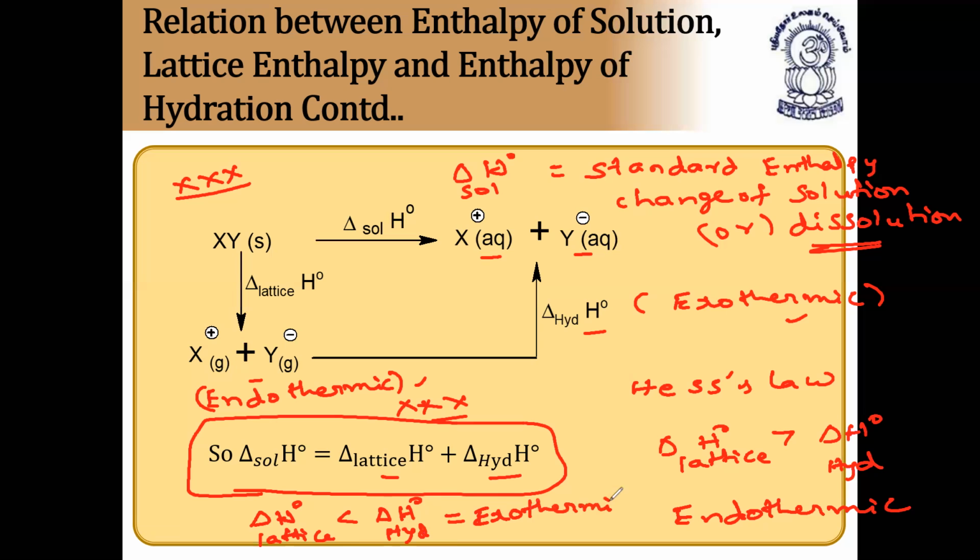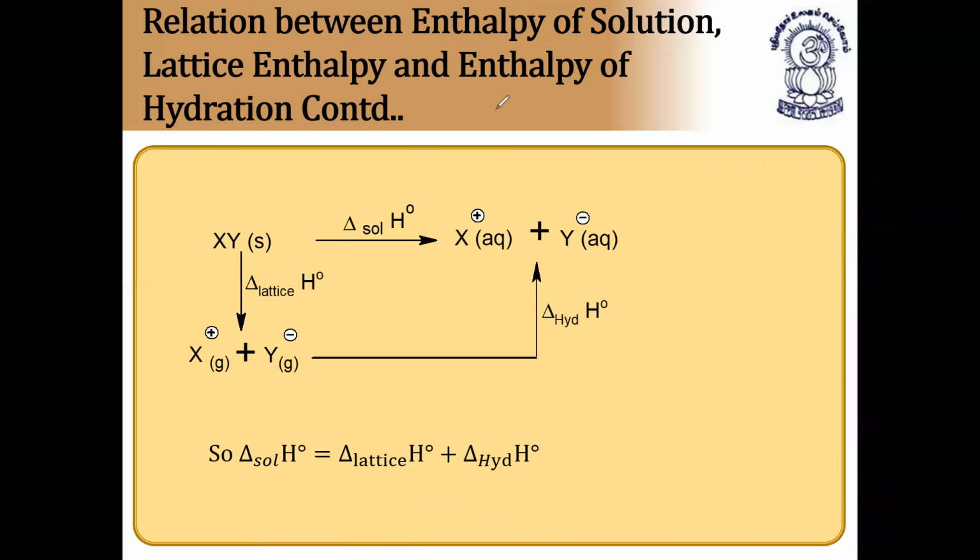So the dissolution process of a solution can be exothermic or endothermic depending upon the lattice enthalpy and hydration enthalpy, because the enthalpy change of the solution is equal to the sum of the lattice enthalpy plus hydration enthalpy. I hope it is clear. So this is a very, very important concept. So please note it down in your classwork. I'm waiting for a second. So please note down all these points.